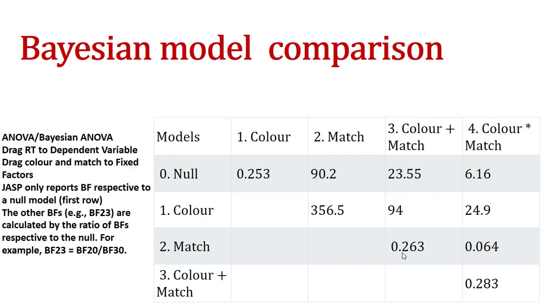So this is showing us that the best model is with just the match variable, and the color variable shouldn't be added to the model. Okay, so that's the Bayesian model comparison.